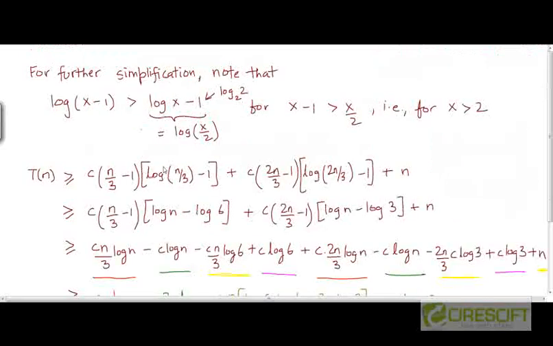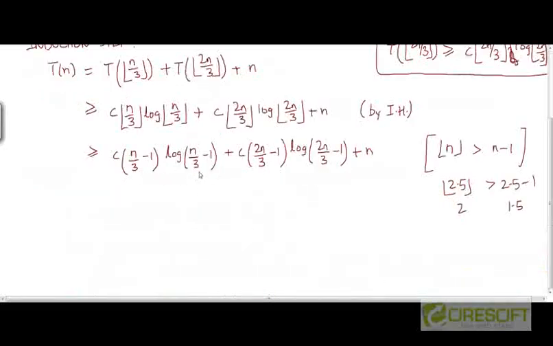So we are going to replace log of (n by 3 minus 1) by log of n by 3, minus 1. So this is what we'll get. We start from this inequality and we substitute log of n by 3 minus 1 outside.